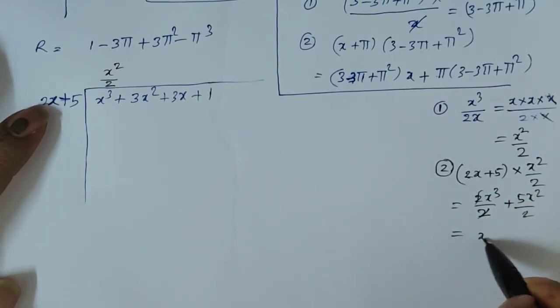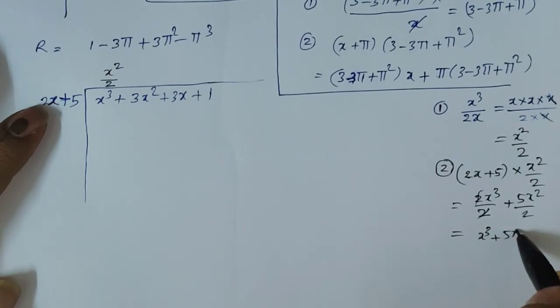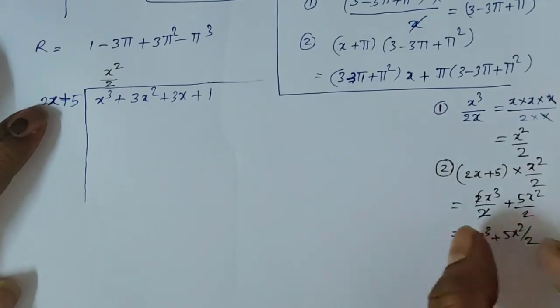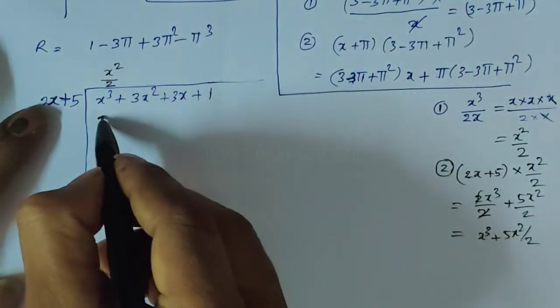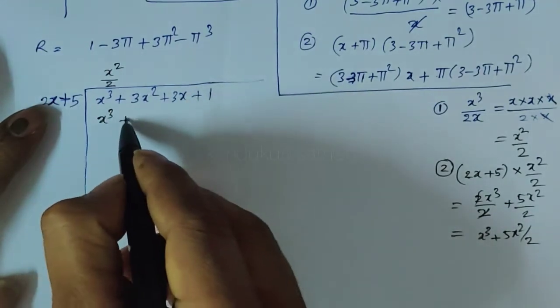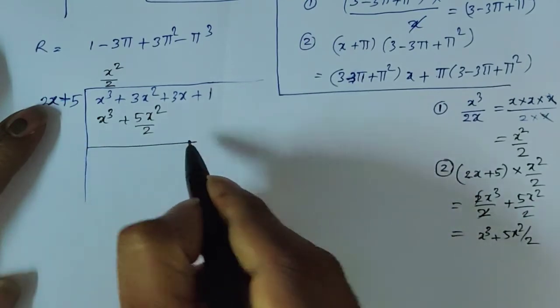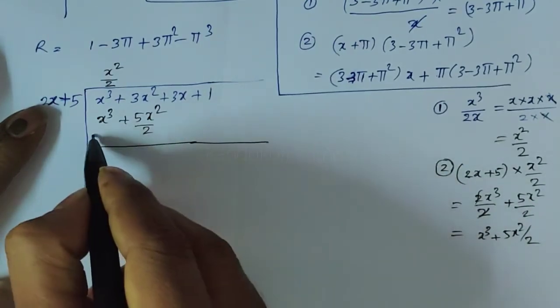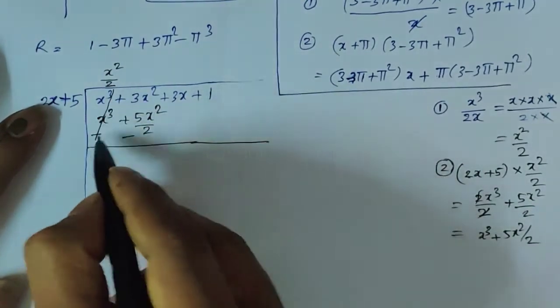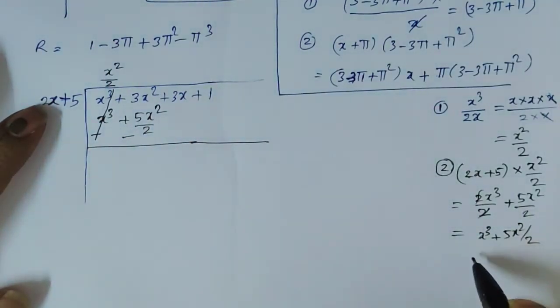You will get x cube plus 5x square by 2. Write this part here. Now you need to subtract. These two get cancelled.